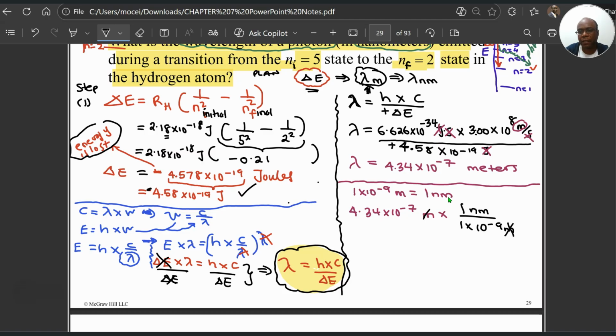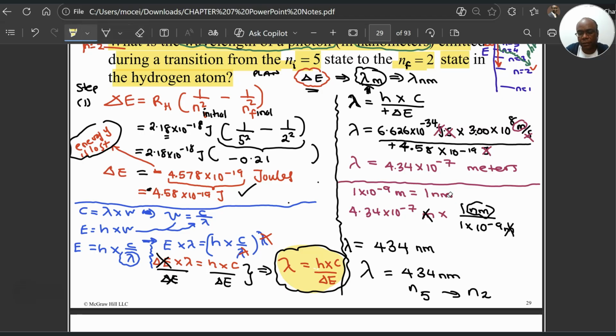Doing so, meters and meters will cancel. We are left with our answer in nanometers, and this answer is going to be 434 nanometers. So our wavelength is 434 nanometers for a photon transitioning from n equals 5 to n equals 2.